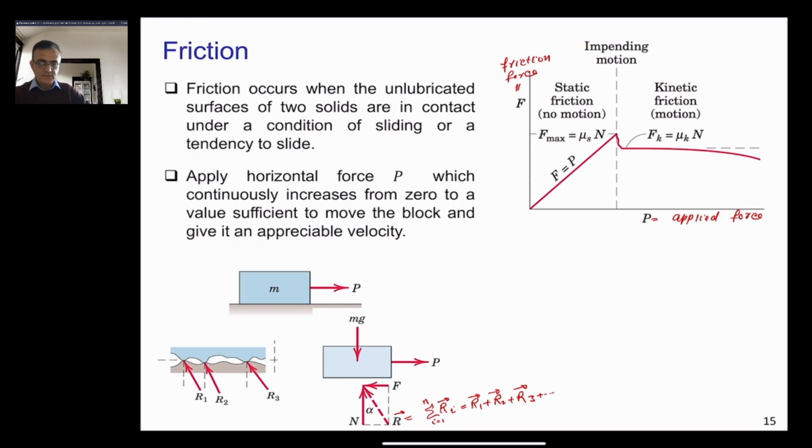The maximum friction force, which is F maximum, is equal to mu s N, and this mu s is what we call the coefficient of static friction.